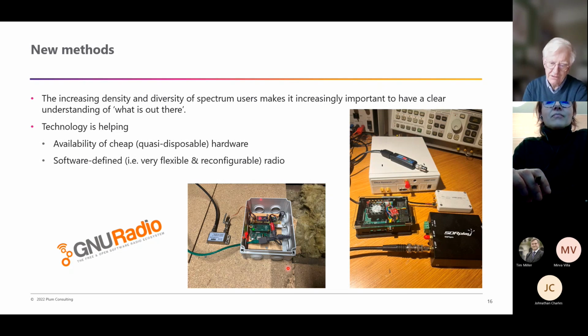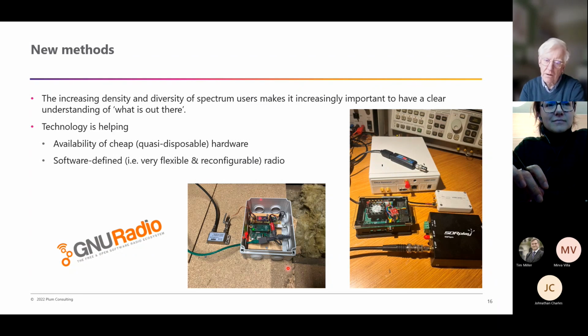So yes, that is something to be very aware of, and it comes back to the fact that you've got a lot of equipment that can be very flexibly configured and quite cheaply configured these days, but it needs to be used with great caution.